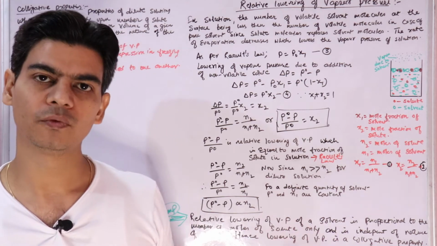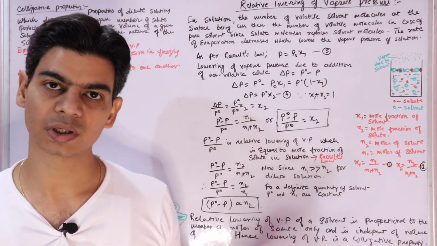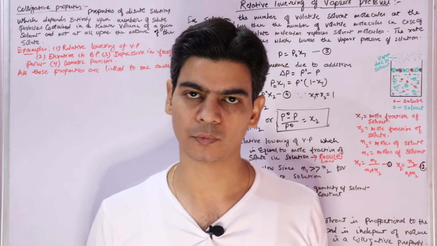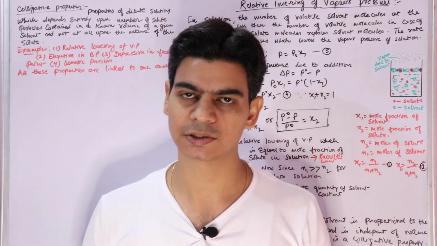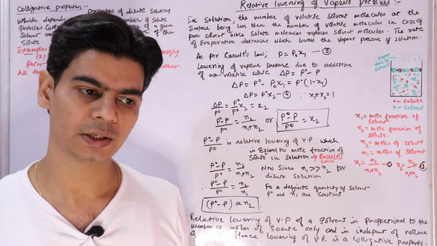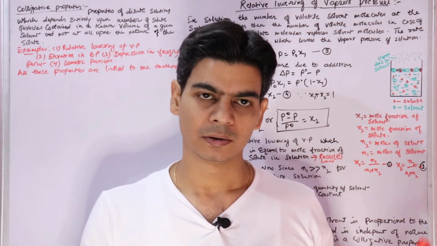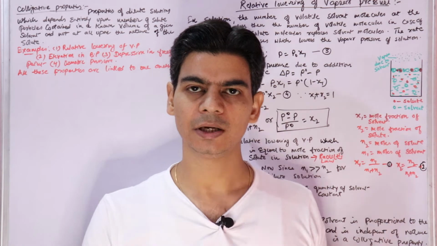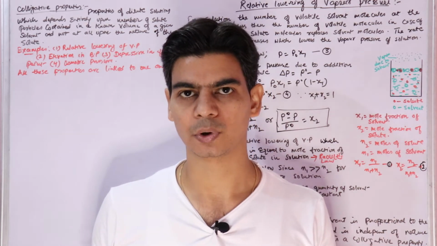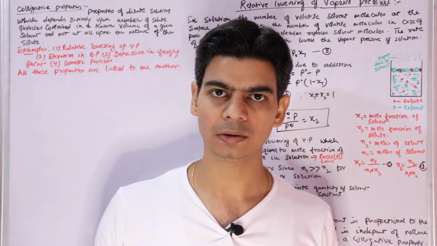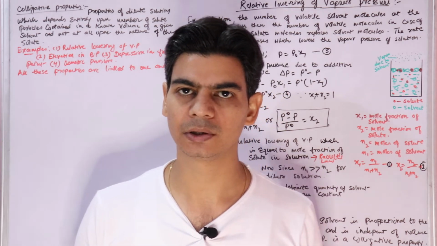Since the lowering of vapor pressure has also resulted in the elevation of boiling point, as we studied in the previous lecture, and in depression of freezing point, all these properties are colligative properties. There is also another one, osmotic pressure, which we have not been introduced to yet.